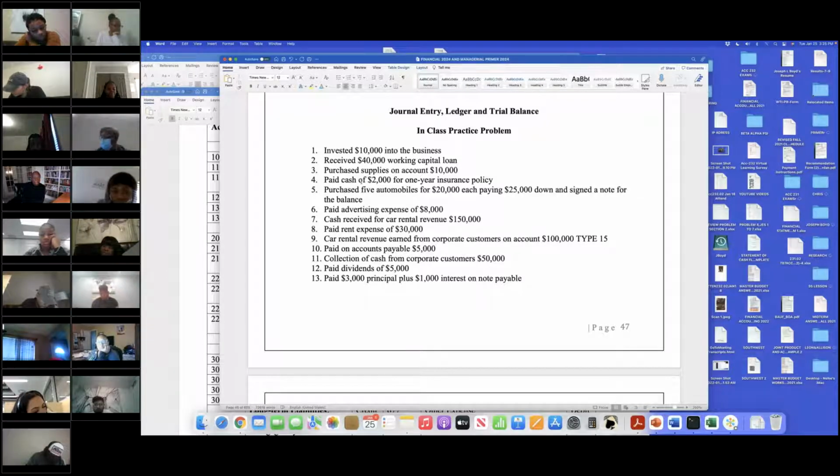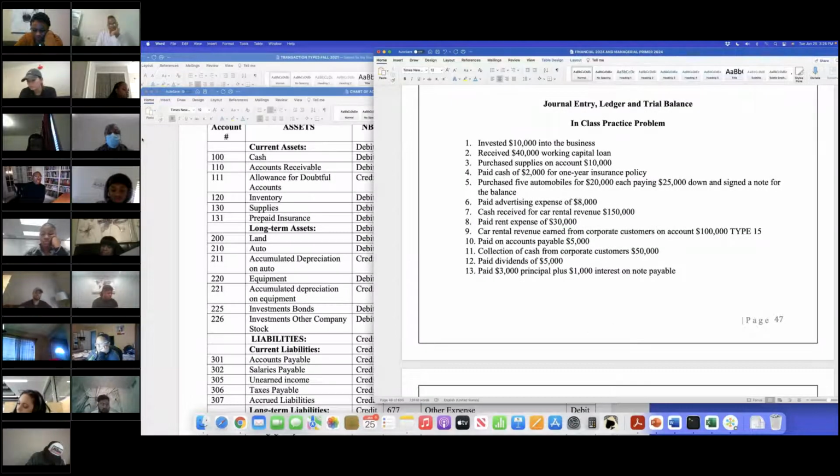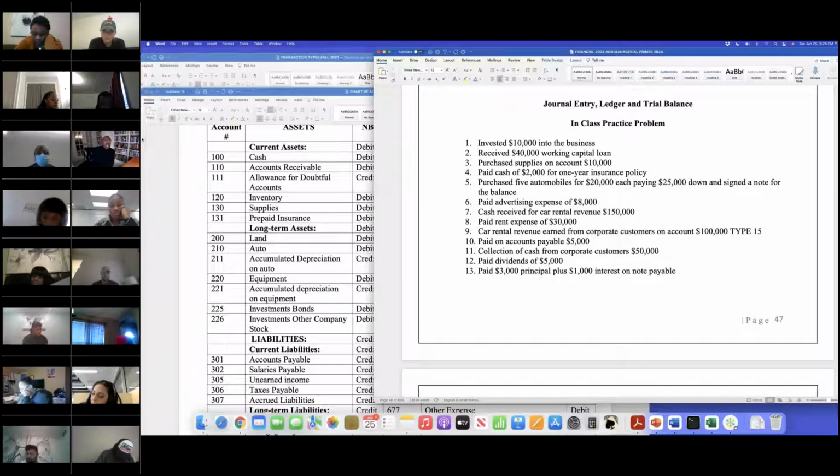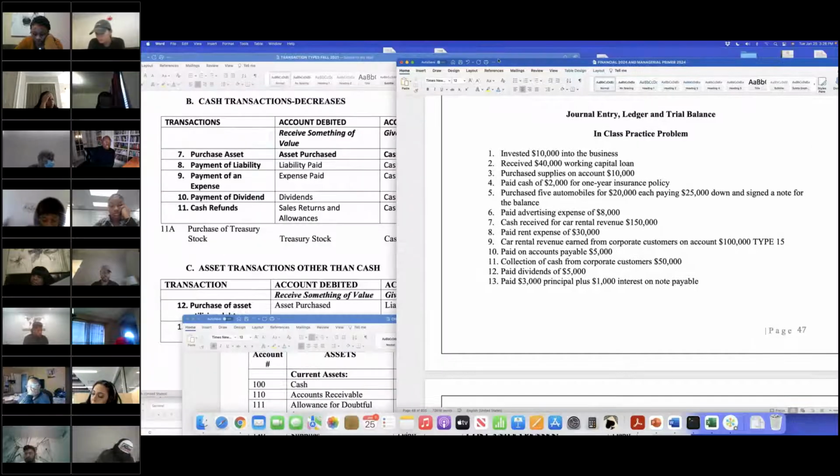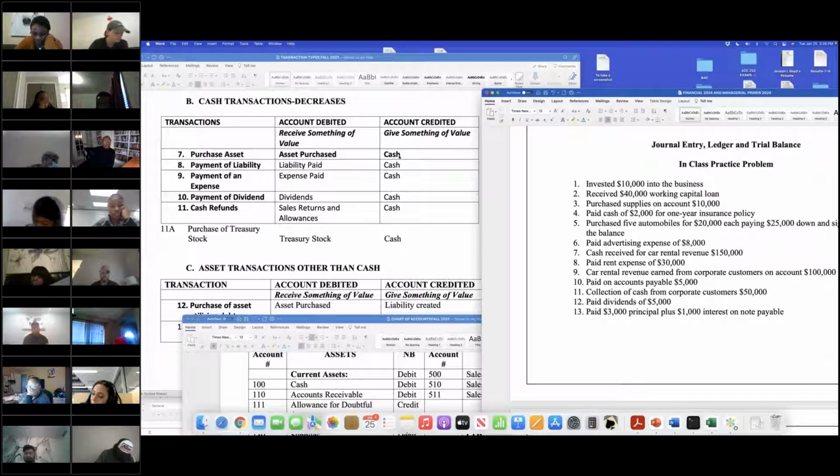What is it? Because it's a 1-year insurance policy, you have an asset you bought. You paid cash for it. So you purchase an asset paying cash. So it's a type 7, and this is prepaid insurance 131.